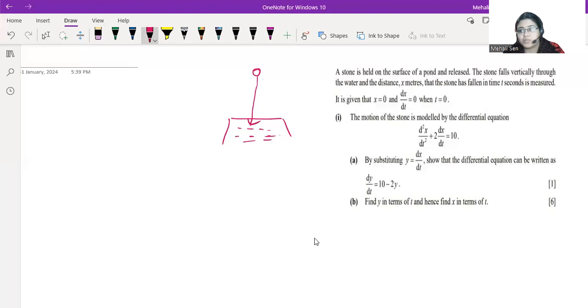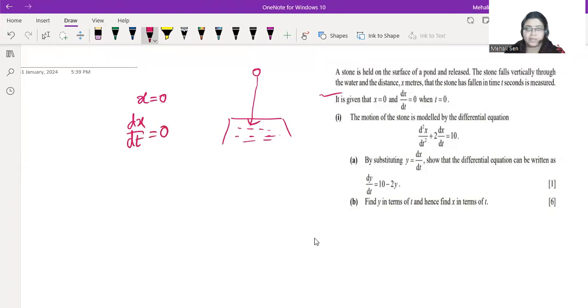The stone falls vertically through the water and the distance is x meters. The time t seconds the stone has fallen is measured. It is already given that x is equal to 0 and dx/dt is equal to 0.